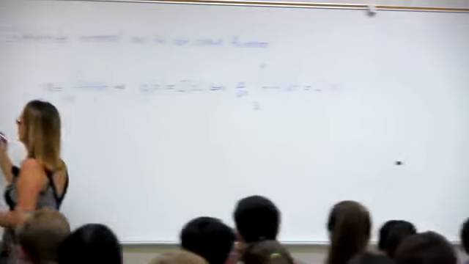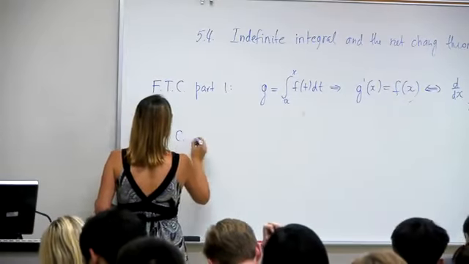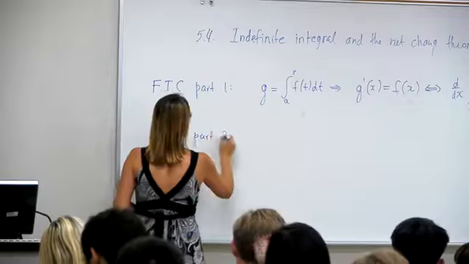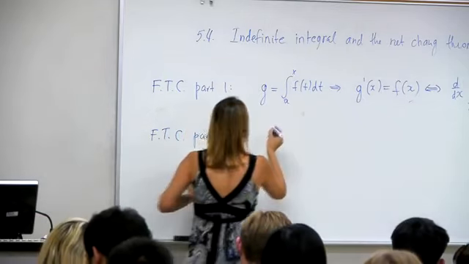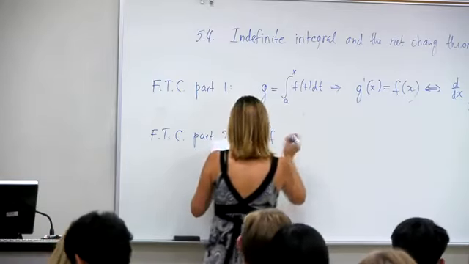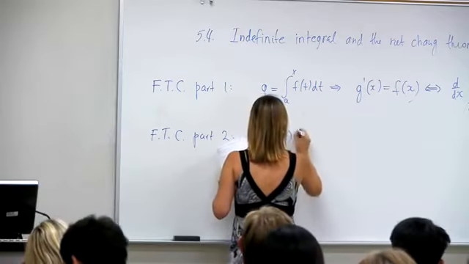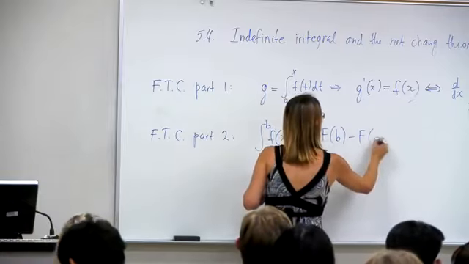Okay, now there's more. Let's look at fundamental theorem of calculus, part 2. So what does it say? The integral from a to b of f of x dx is F of b minus F of a.